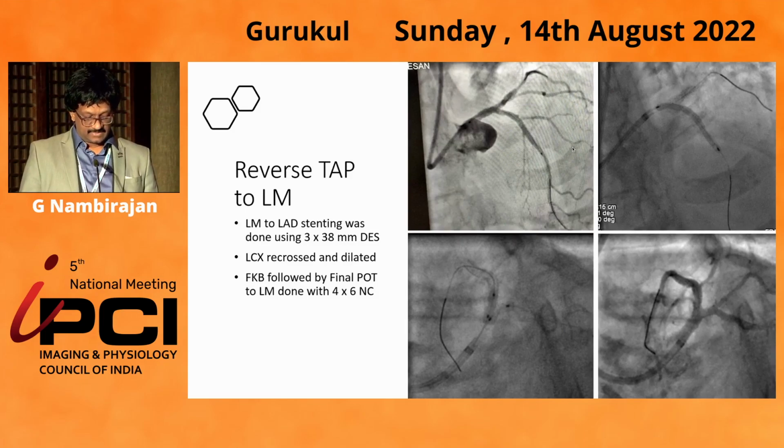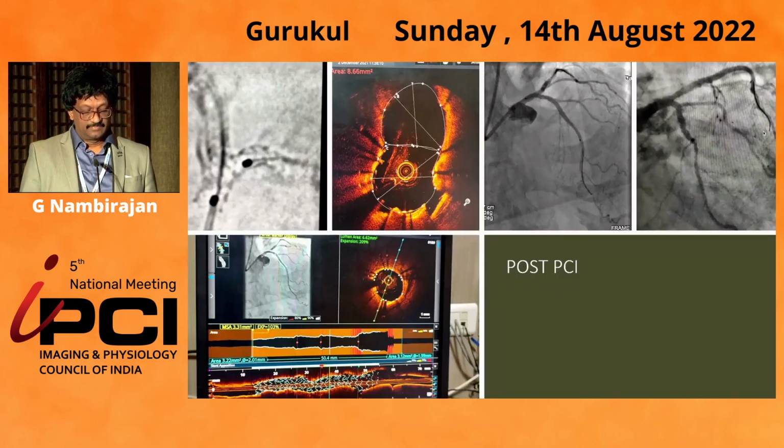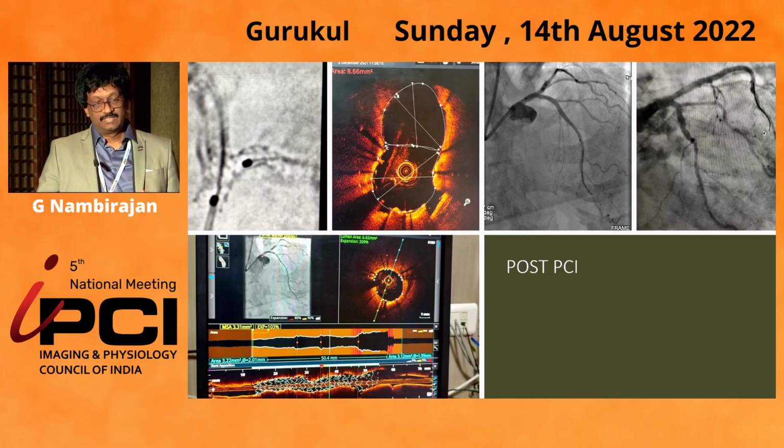I will show the few steps in a few moments. After pre-dilating and preparing the left main and LAD lesion, we used a 3 x 38 millimeter drug-eluting stent, stented from the left main to the LAD as per the OCT dimensions. We did a POT, recrossed and did a final kissing dilatation to the left main bifurcation.